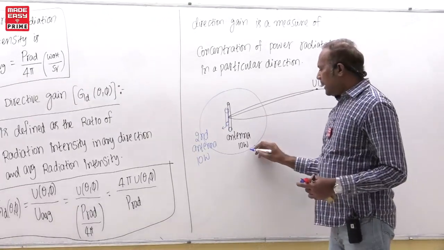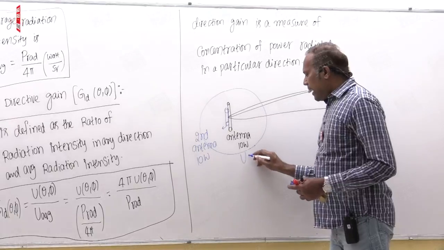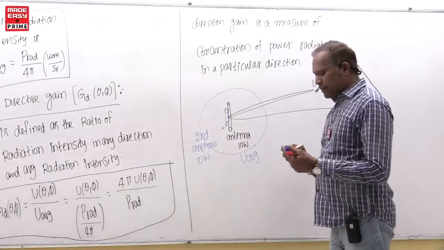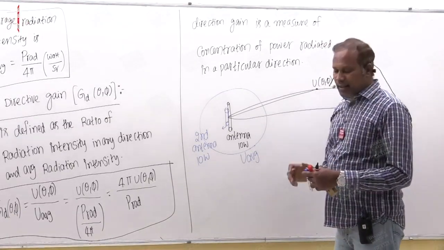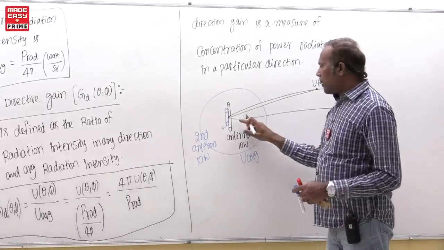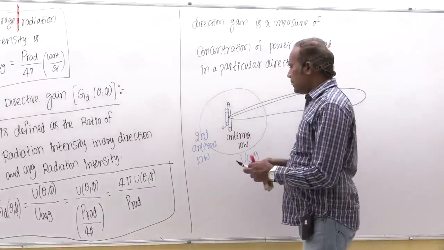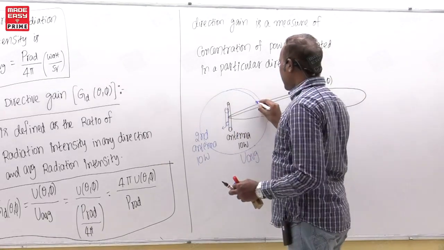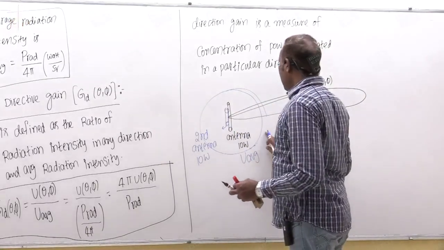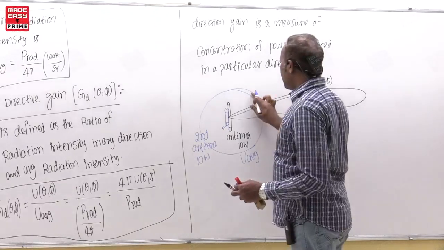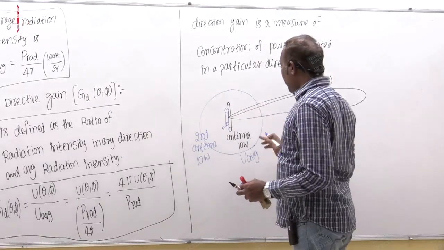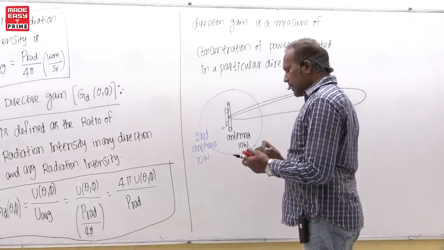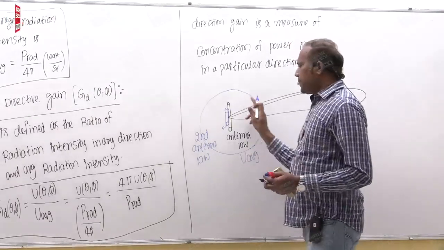It is symmetric. So on an average it is radiating the same power in every direction. It is called the average radiation intensity.